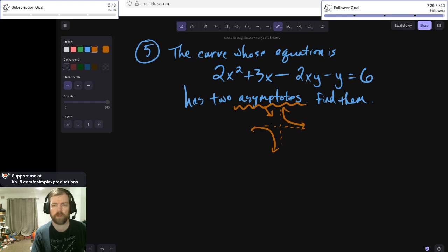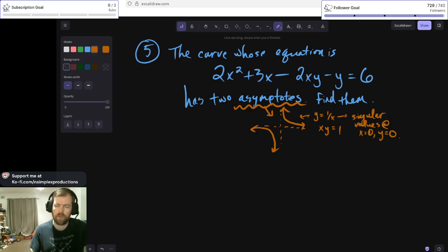If we're just doing like 1 over x, it has these singular values at x equals 0 and at y equals 0.